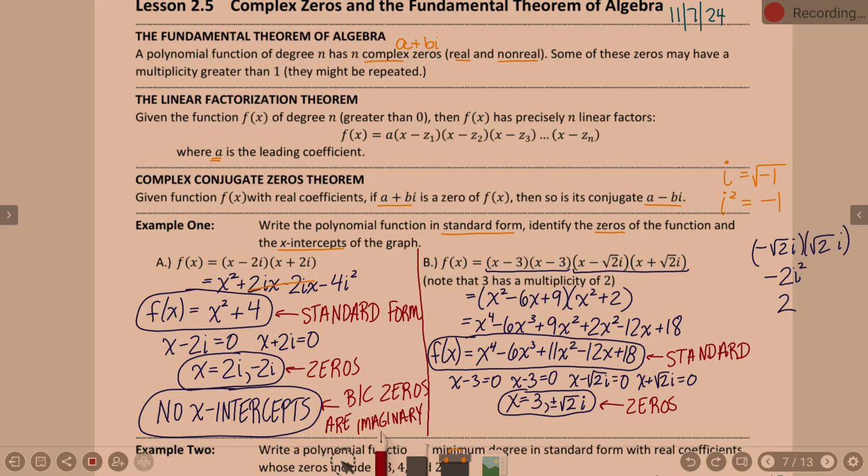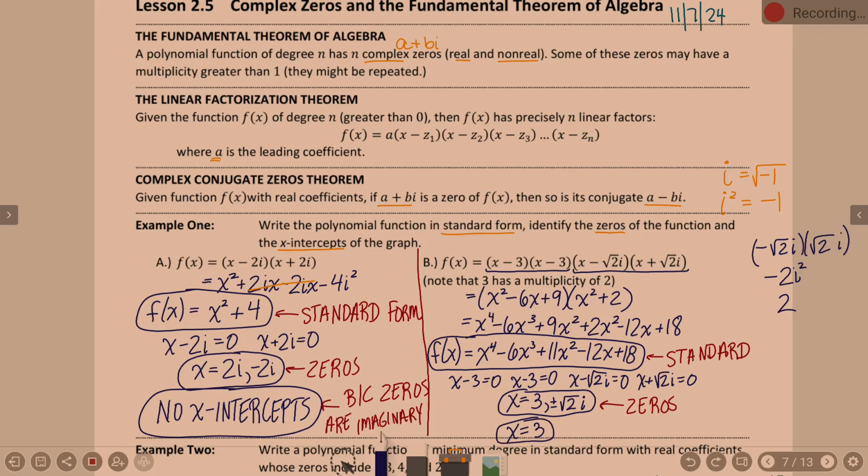Now, what about x-intercepts? Do we actually have an x-intercept this time? Yeah, we had a real 0. The real 0 of 3 is going to be an x-intercept. What about the square root of 2 times i? No, my imaginary zeros aren't going to be x-intercepts. So we have one x-intercept this time at x equals 3.